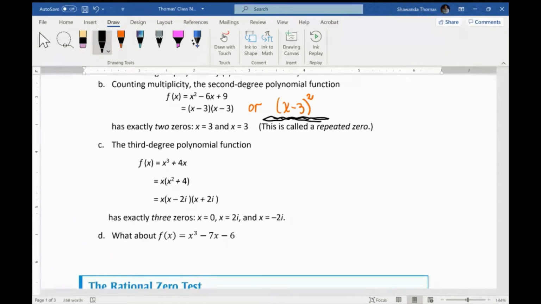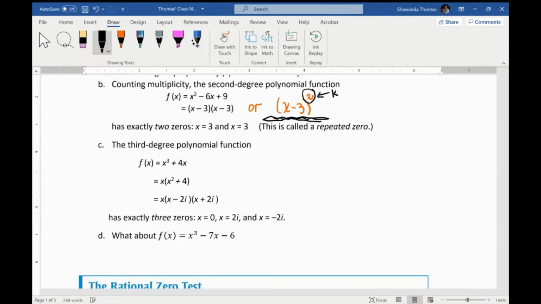It's even because k is 2. So the multiplicity you get from the number on the outside of the parenthesis, not on the inside, on the outside.